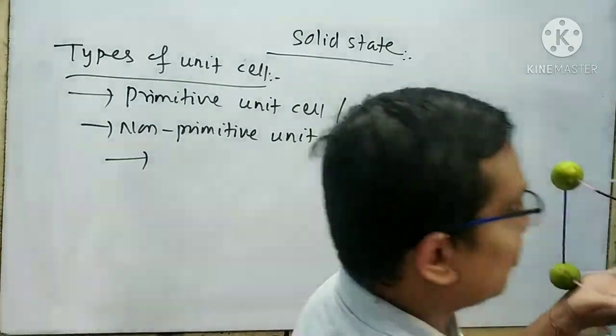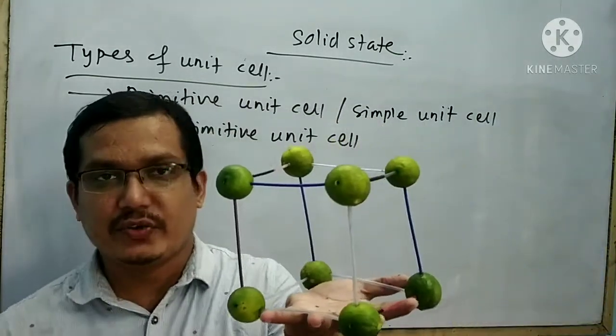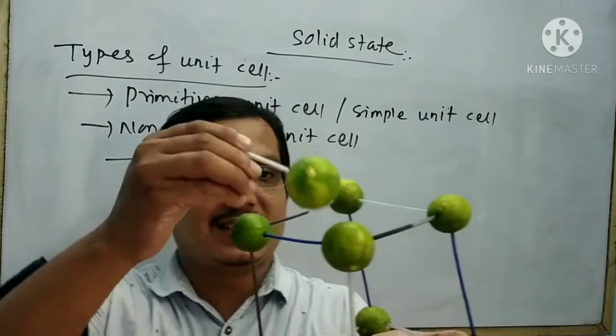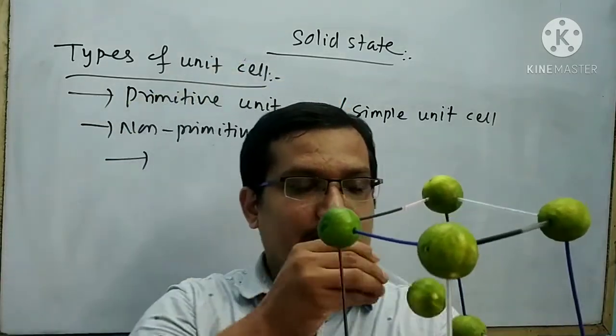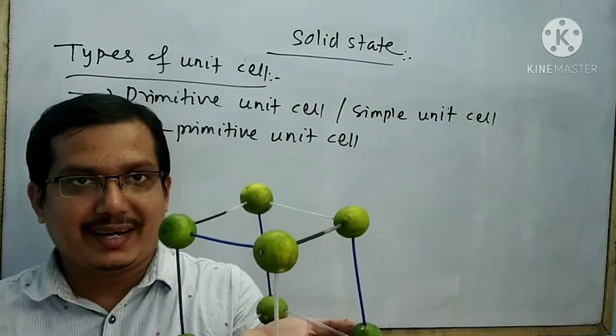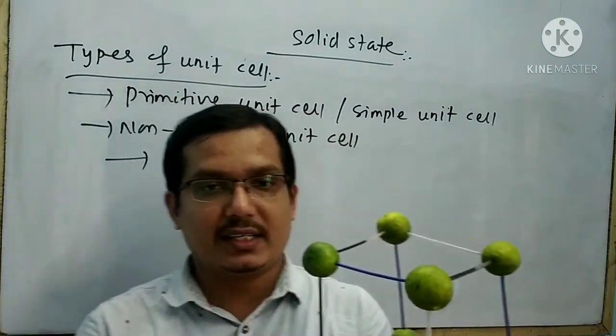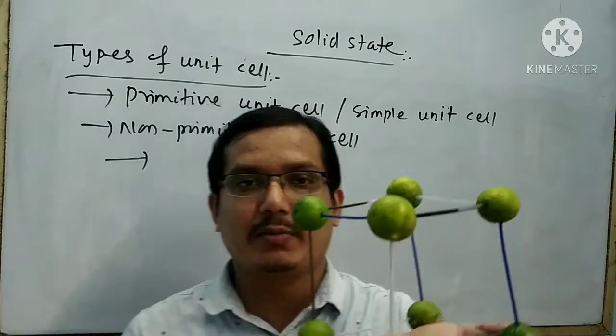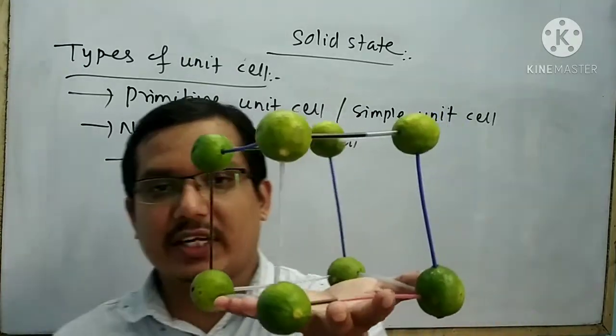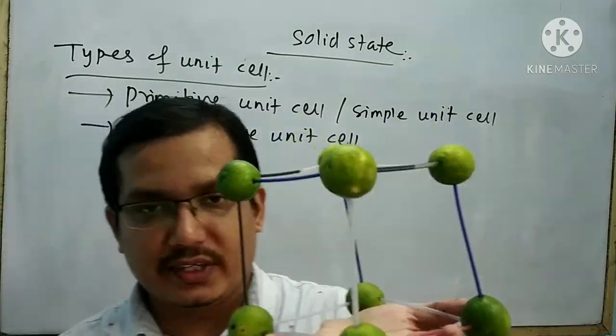This is said to be a simple unit cell because in this case the lattice points are present at the corners of the unit cell. That means the constituent particles are present only at the 8 corners of the unit cell. So this is said to be a simple unit cell.